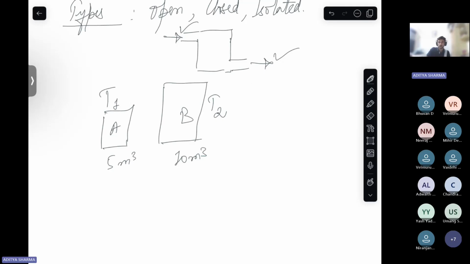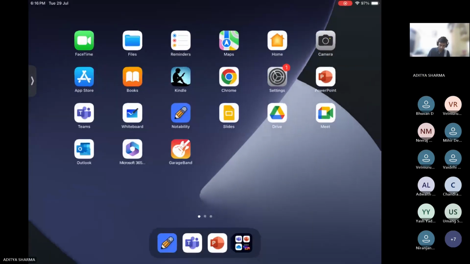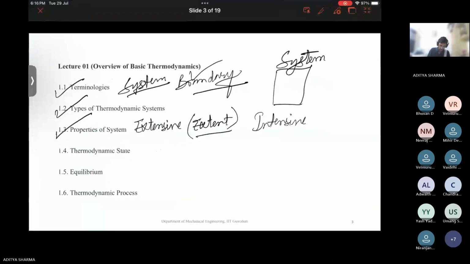So in that case, the temperature becomes an intensive property. These are basics. I hope there is no doubt or confusion in extensive and intensive properties, right?